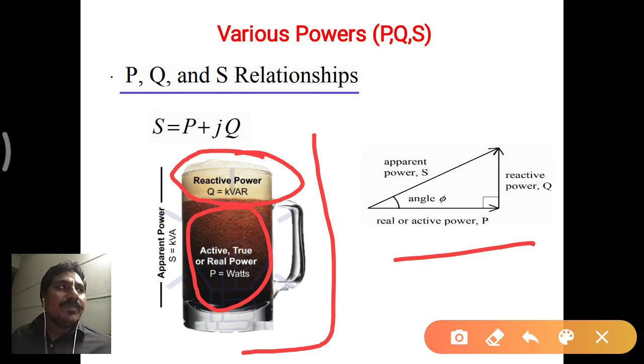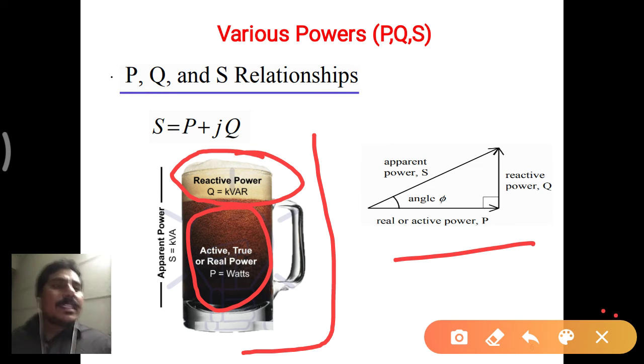The active energy is consumed by the element, and Q is giving the support to do that useful work in the system. So these are the relations between the various powers: active power, reactive power, and apparent power.